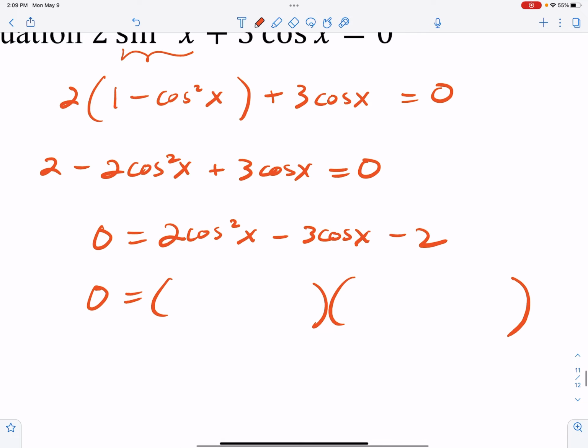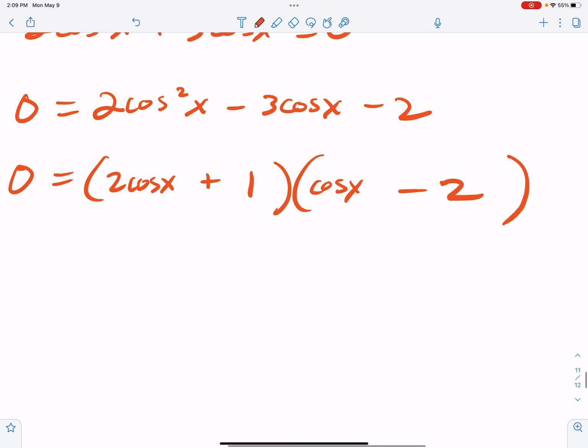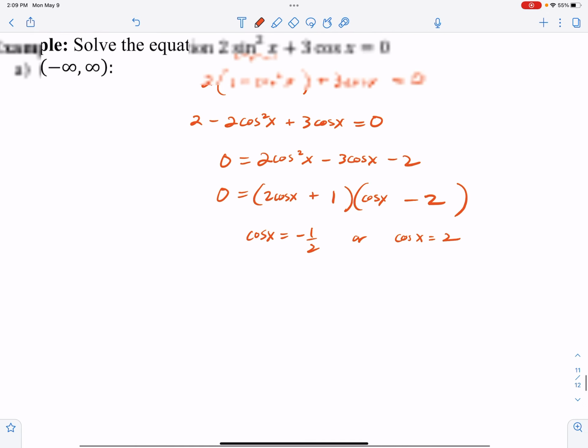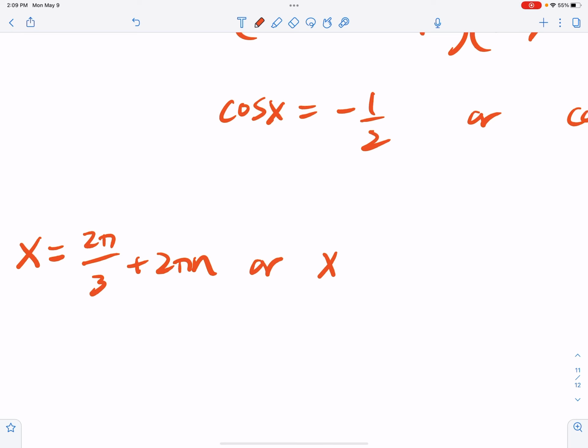And now we have a quadratic-like trig equation here where we can try and factor. I believe that would be -2 there and +1. Yes. So we get cosine of x equals -1/2, or cosine of x is equal to +2. So for cosine of x equals -1/2, coming up with the general solution set, cosine would be equal to -1/2 at 2 pi over 3, and then adding 2 pi n to include all the coterminal angles.